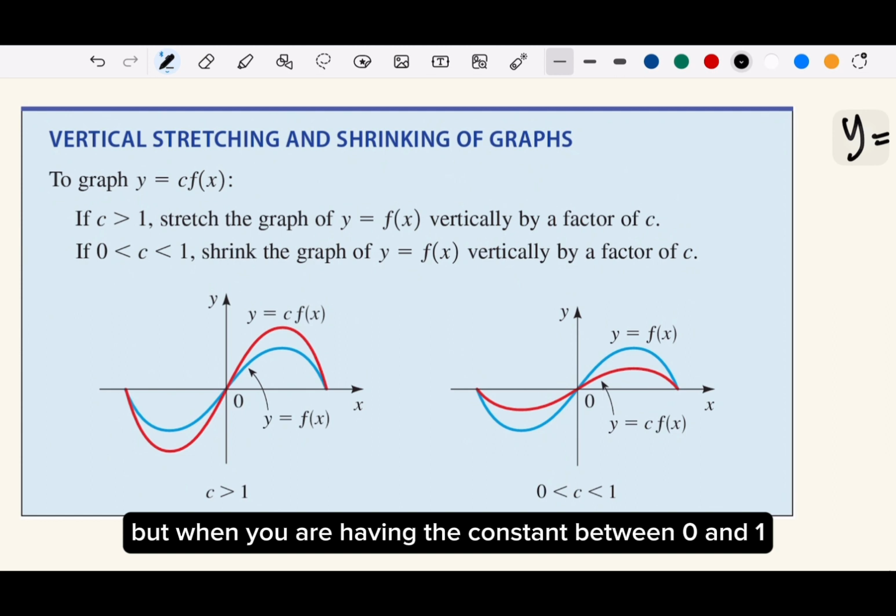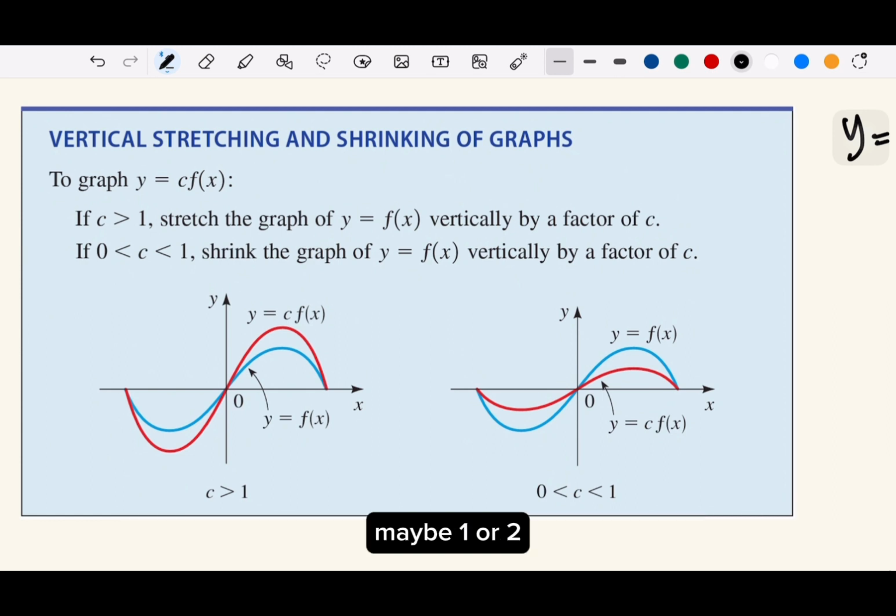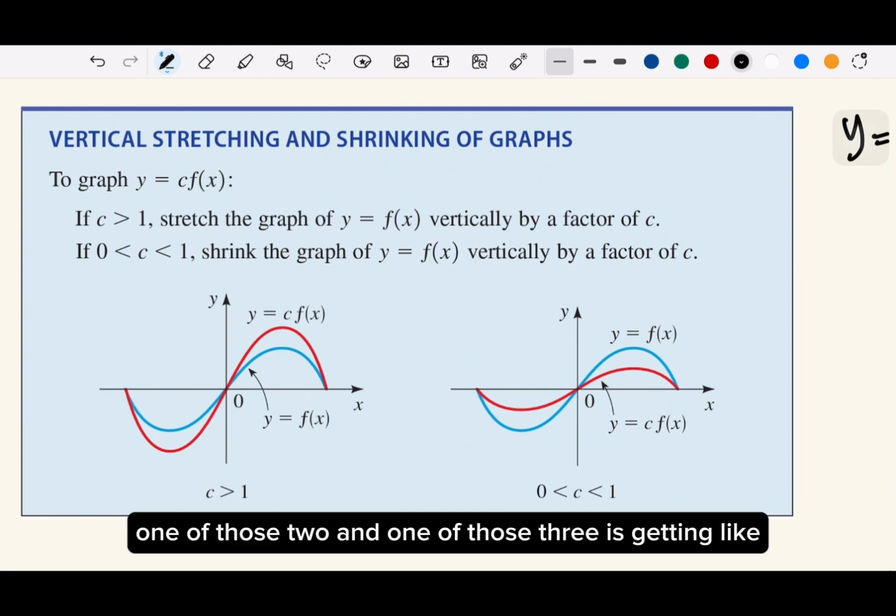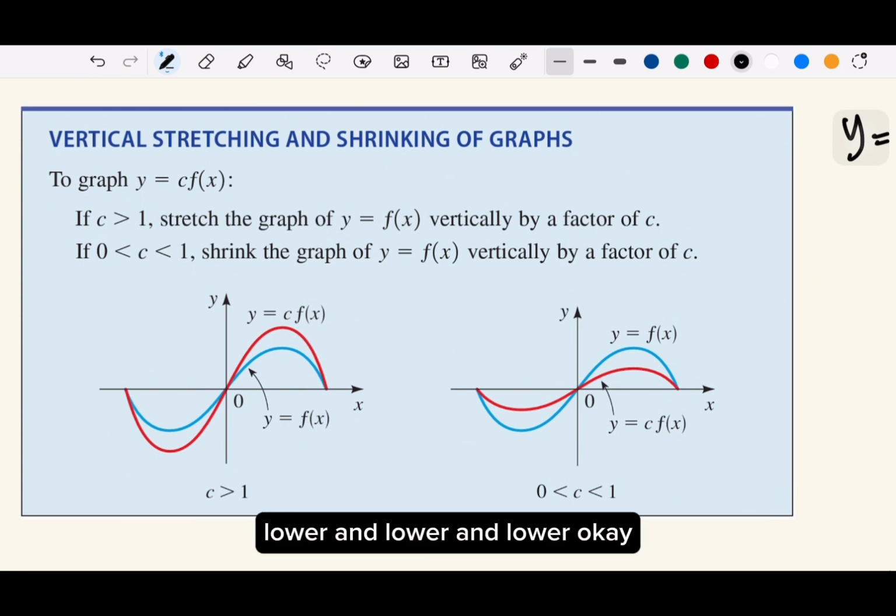But when the constant is between 0 and 1, maybe 1/2, 1/3, or any fraction, then you will get a smaller, like in physics, a smaller amplitude. The more you have the constant, like 1/2 and then 1/3, it's getting lower and lower.